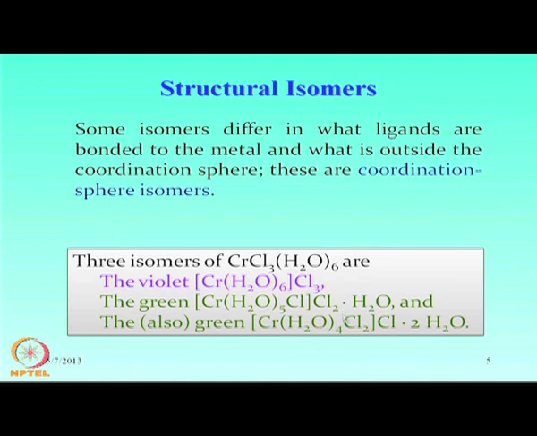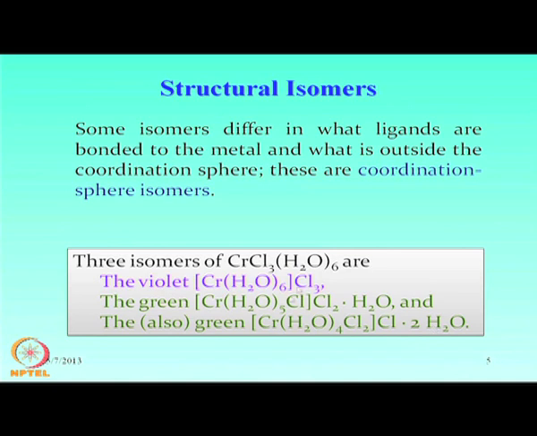Similarly, we can have the possibility of a second chloride group going and binding to the chromium center, and that gives rise to another formation, but the water content is again going out from here. That means 2 of the water molecules will be crystallized as 2 waters of crystallization.